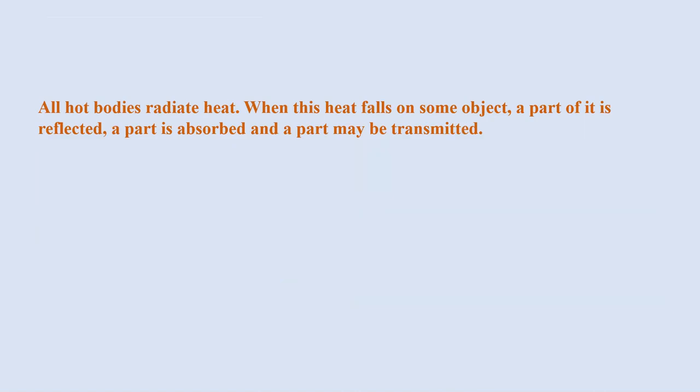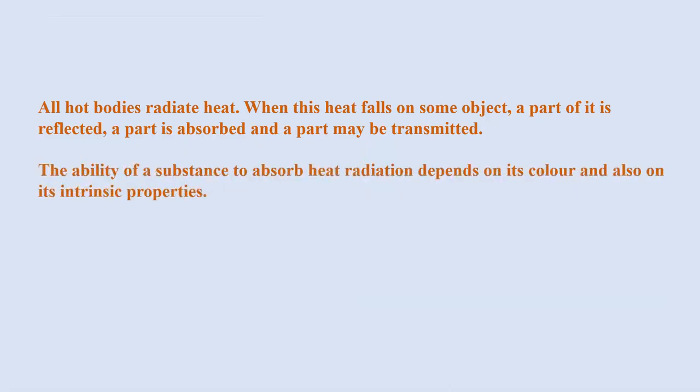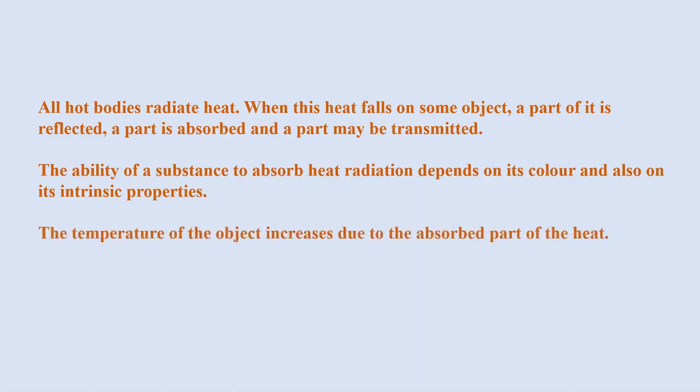When this heat falls on some object, a part of it is reflected, a part of it is absorbed, and a part may be transmitted. The ability of a substance to absorb heat radiation depends on its color and also on its intrinsic properties. The temperature of the object increases due to the absorbed part of the heat.